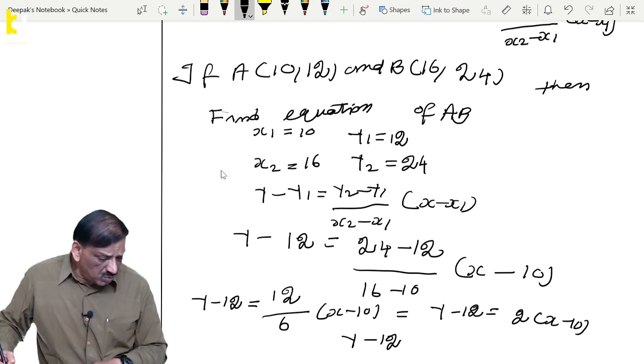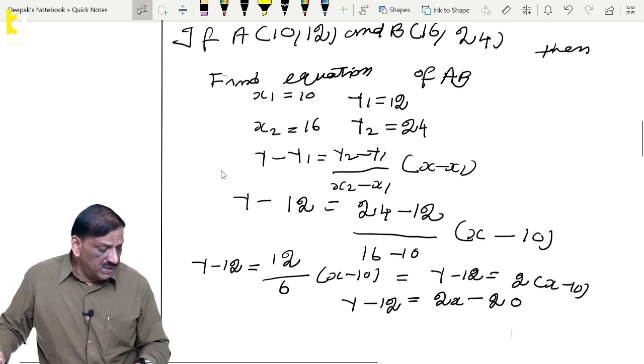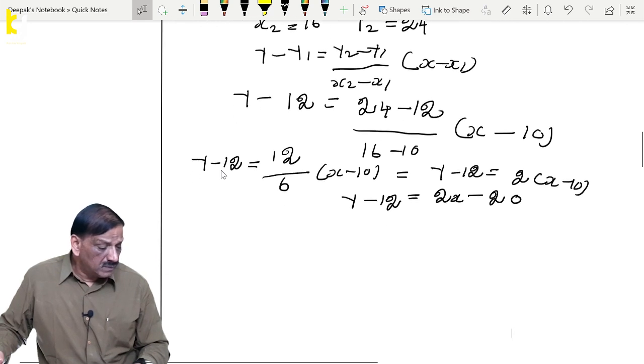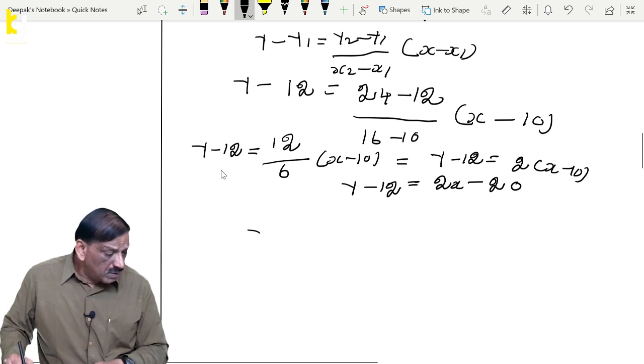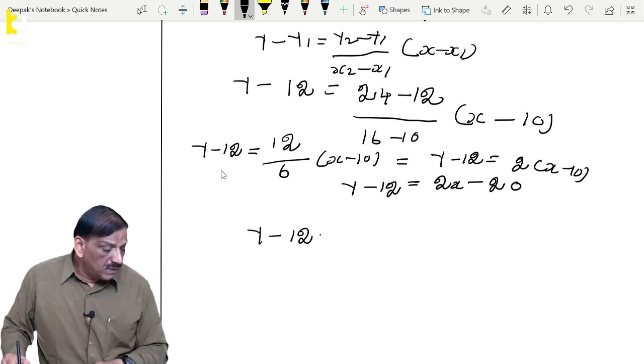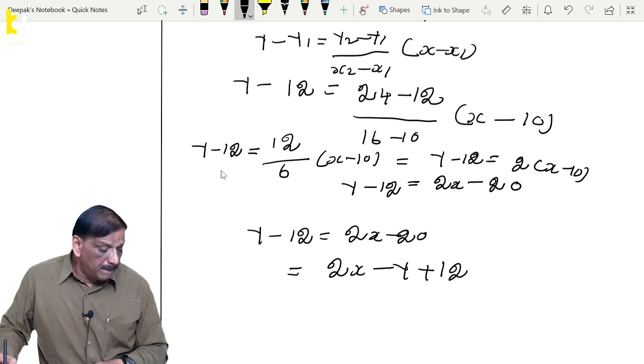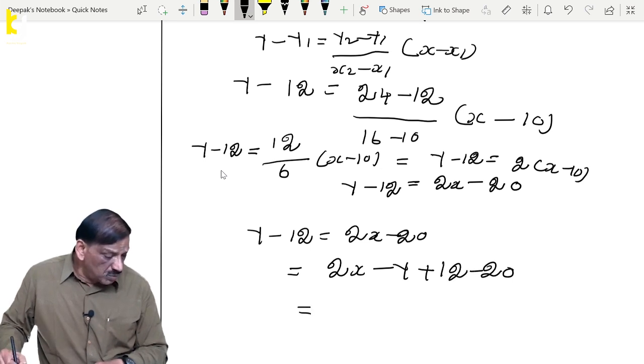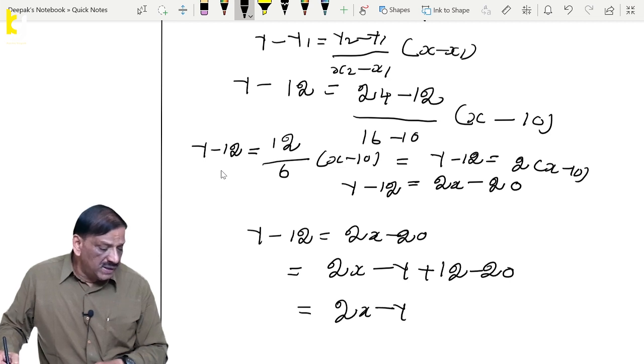That is y minus 12 equal 2x minus 20. That is equal to 2x minus y plus 12 minus 20, that is 2x minus y minus 8 equal to 0.